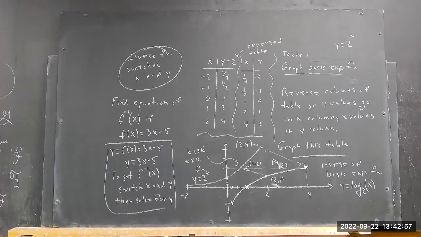Just write y equals 3x minus 5. Switch x and y and solve for y.